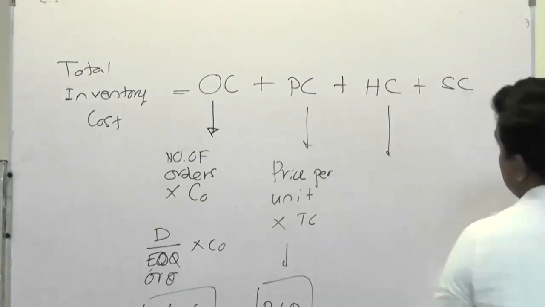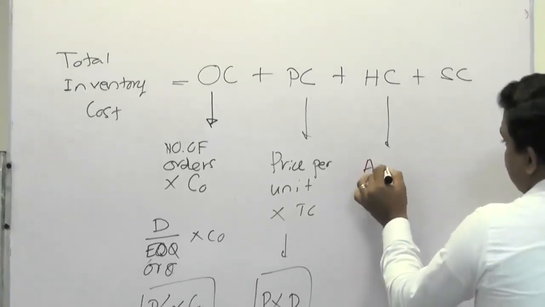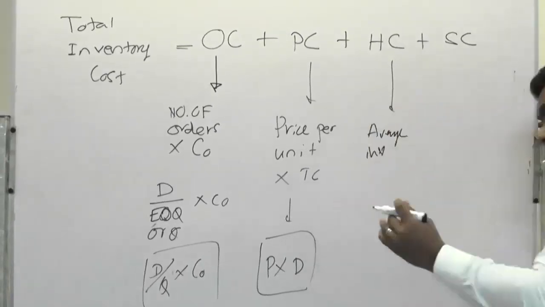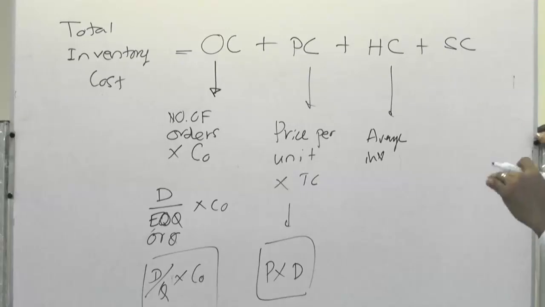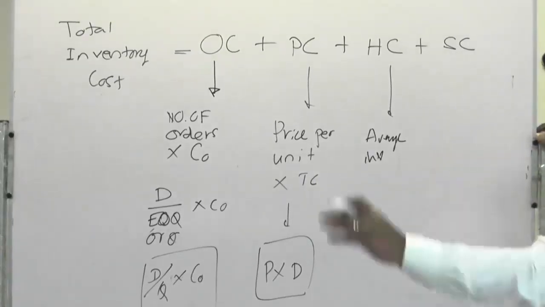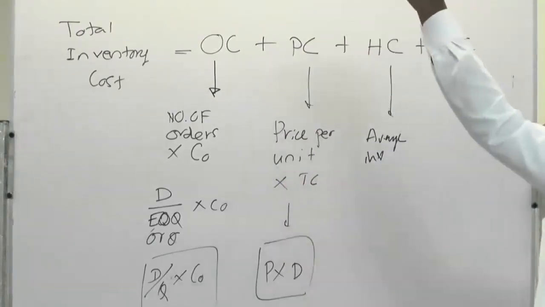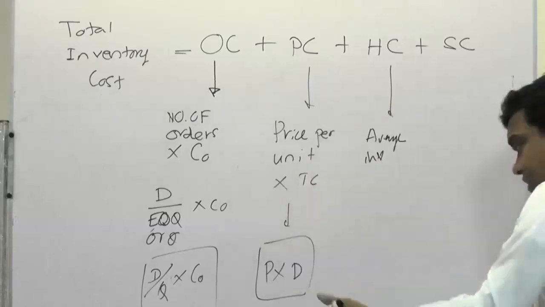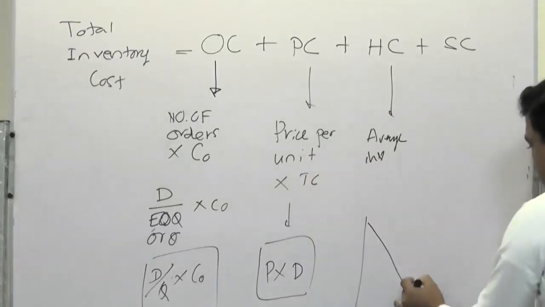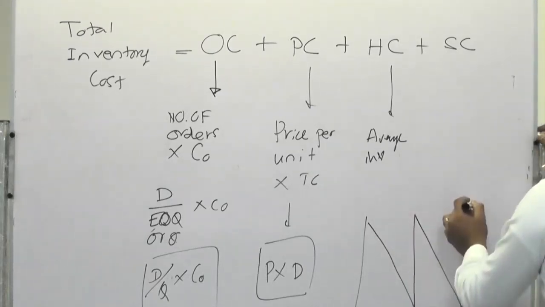Holding cost is based on average inventory, because every day you don't have full inventory and every day you don't have zero inventory. The inventory level gradually decreases and again increases with the purchase, again gradually decreases, and again increases with the EOQ.